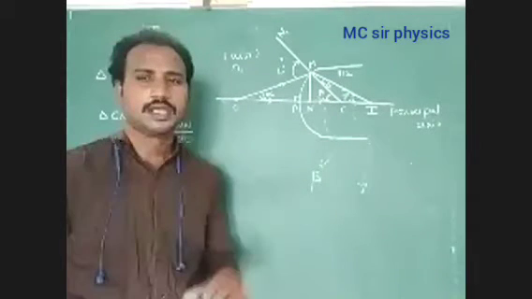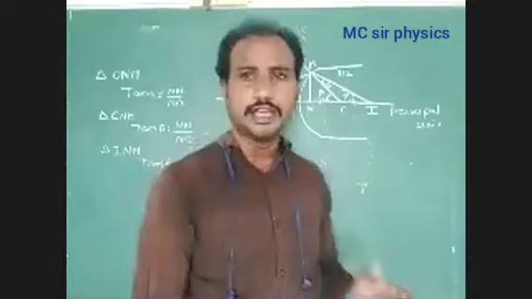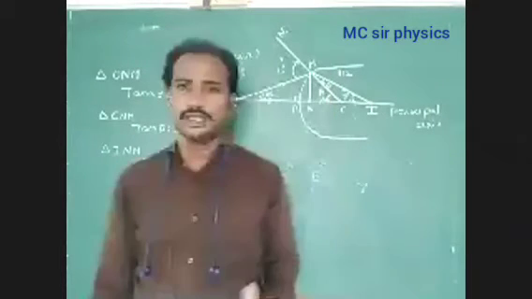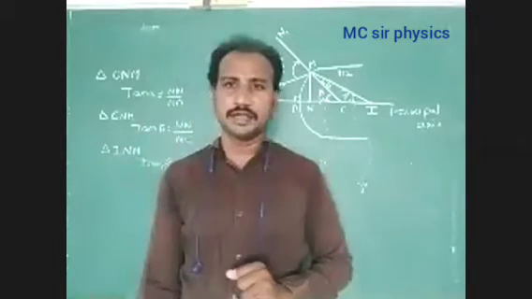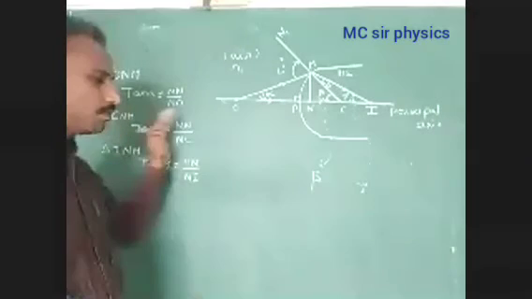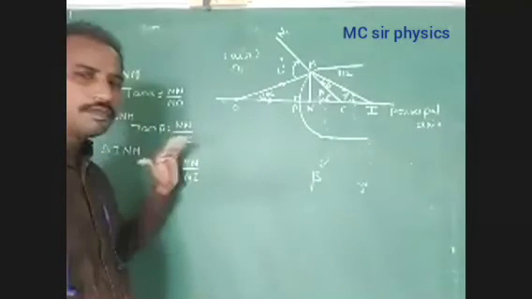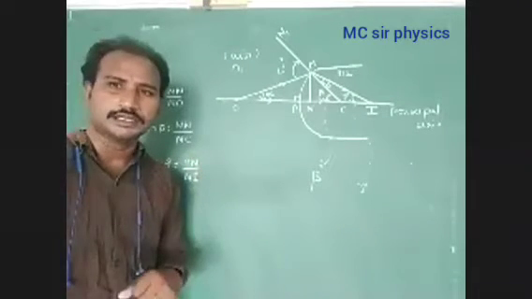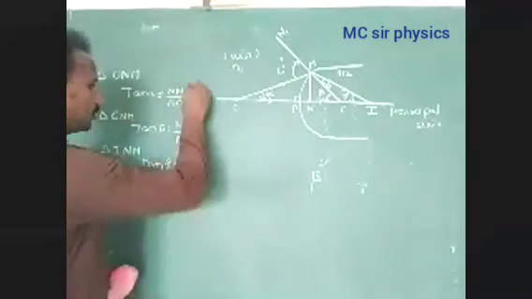For small angles, trigonometric functions are approximately equal to the angle itself. So tan alpha is approximately alpha, tan beta approximately beta, tan gamma approximately gamma. Yes or no?